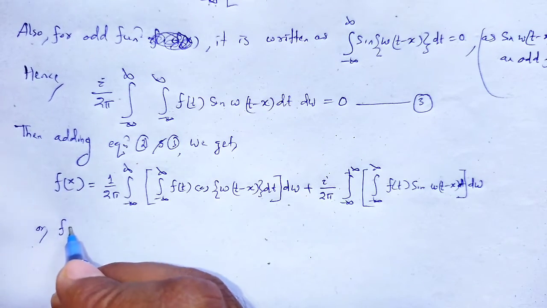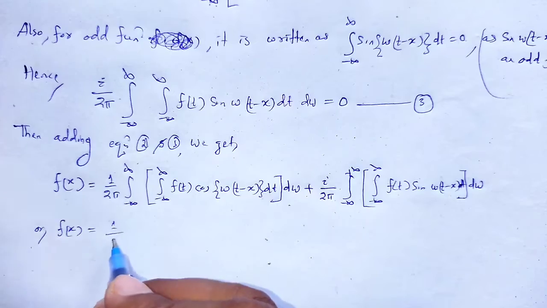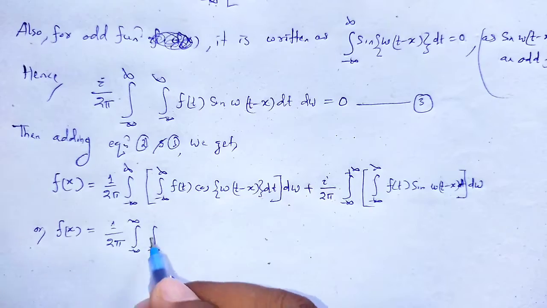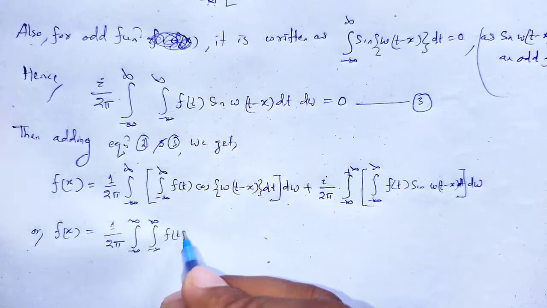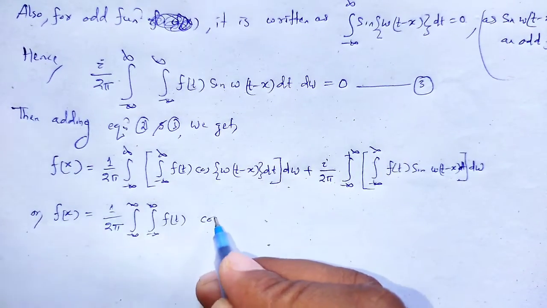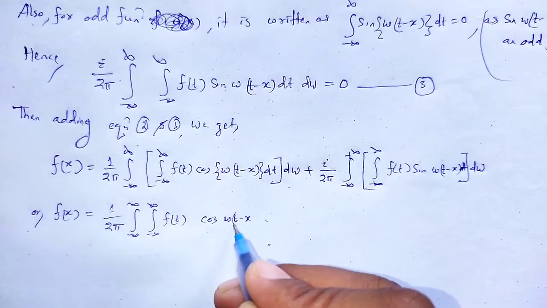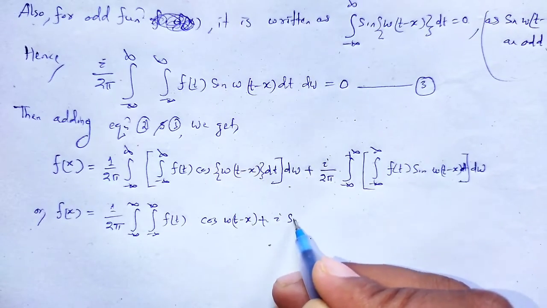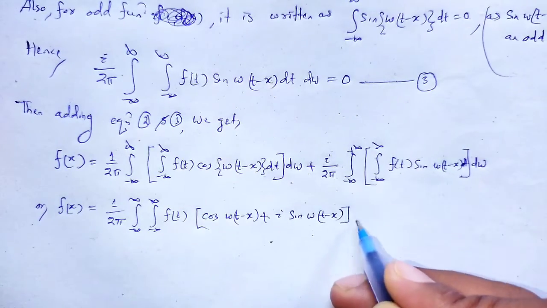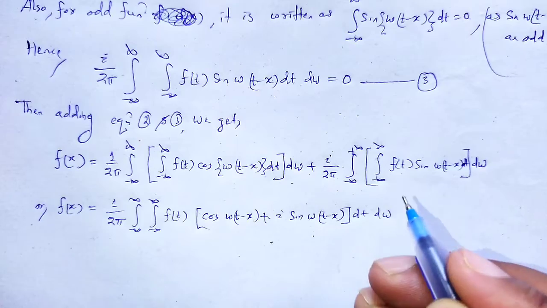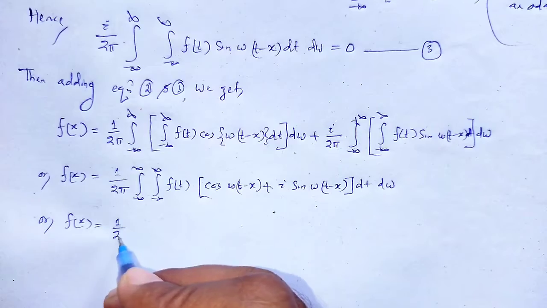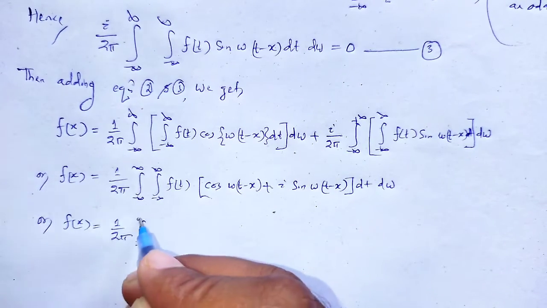Or f of x is equal to 1 by 2 pi integral minus infinity to plus infinity, minus infinity to plus infinity f of t, as common in these two terms, cos omega of t minus x plus i sin omega of t minus x, dt d omega.